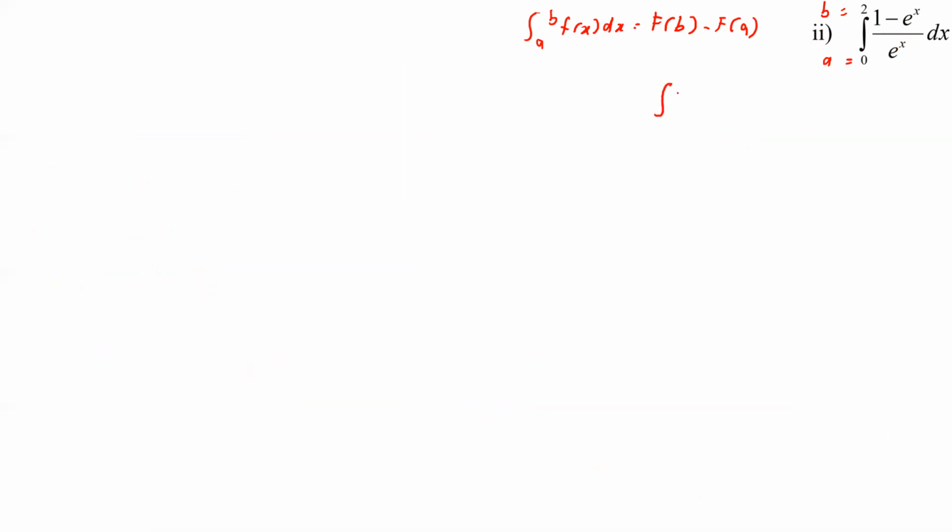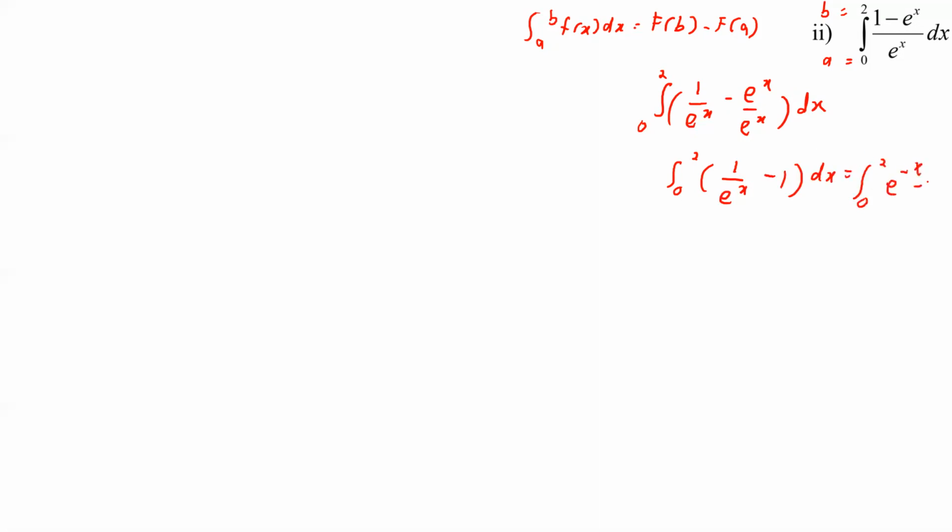You have to separate it: from 0 to 2, 1 over e^x minus e^x over e^x dx. So you will get the integral from 0 to 2 of 1 over e^x minus 1 dx, and this one is equal to the integral from 0 to 2 of e^(negative x) minus 1 dx, right?